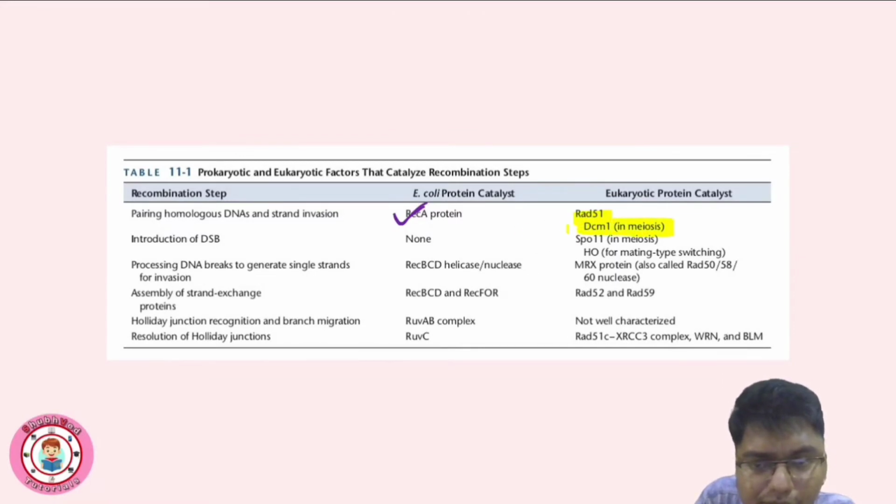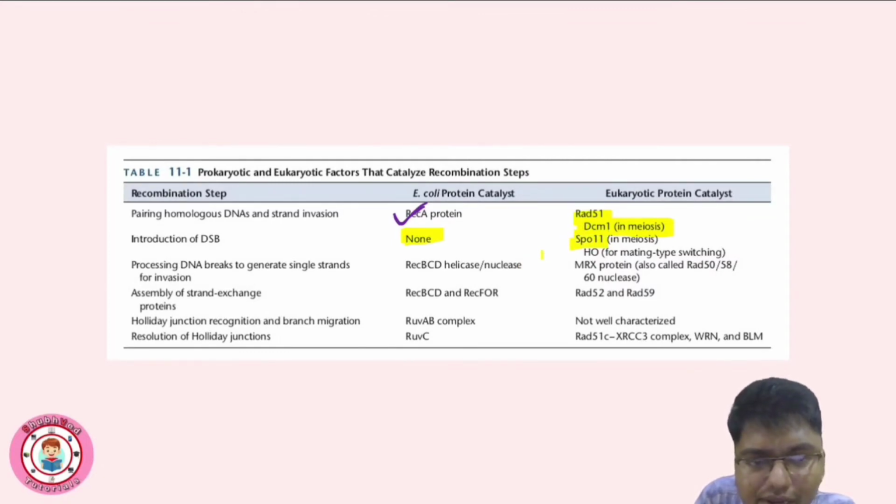We have to remember which proteins are acting in meiosis as well. Now introduction of double strand break: in E. coli no protein, we don't know the proteins. In E. coli this is used as a repair pathway only.